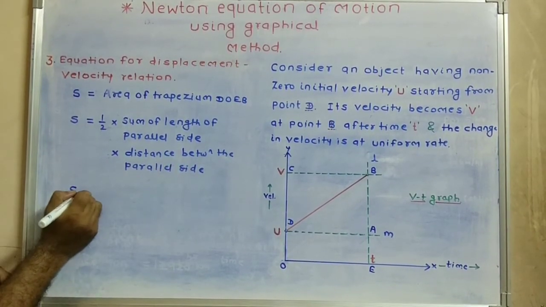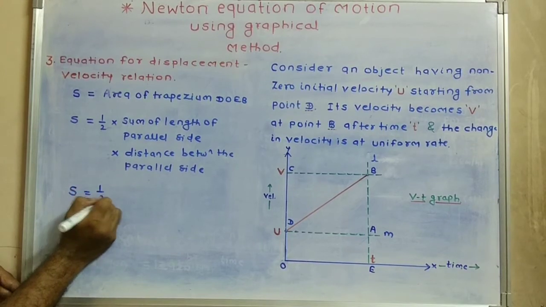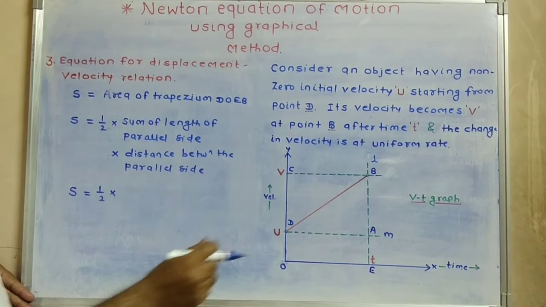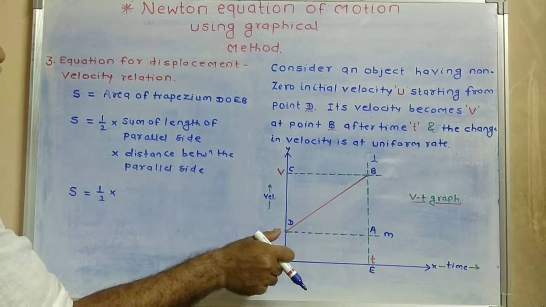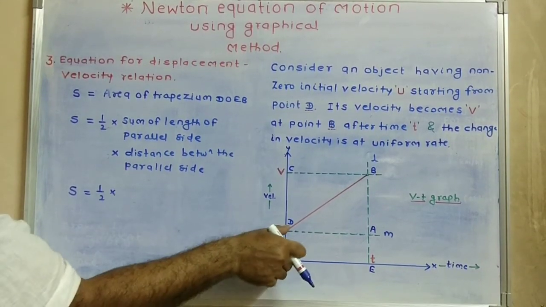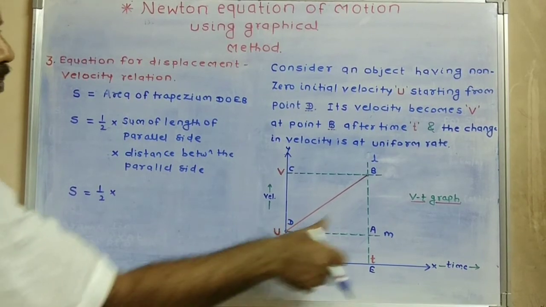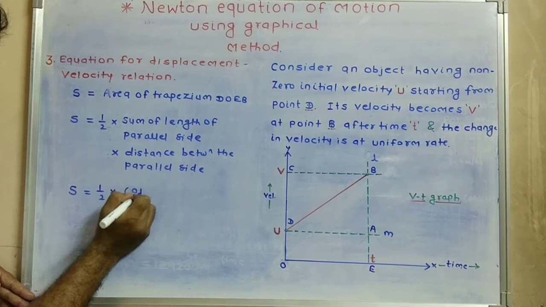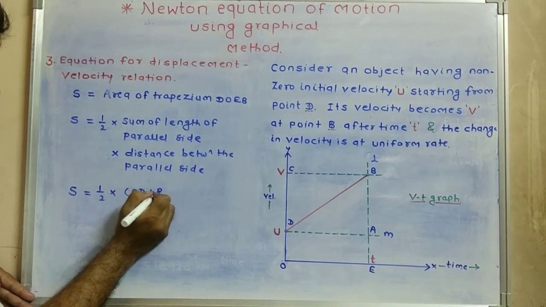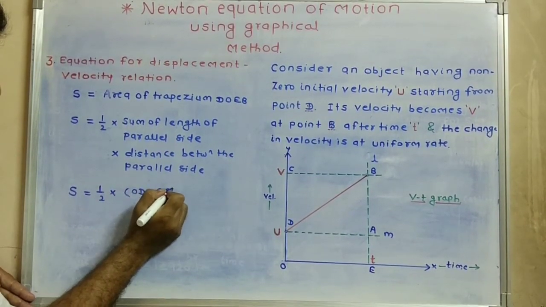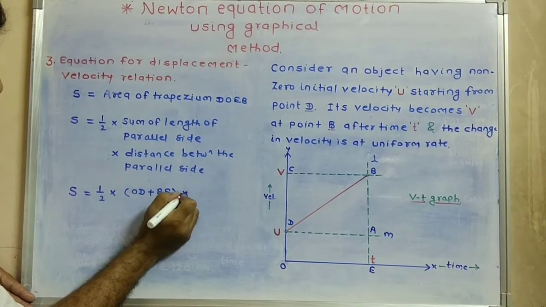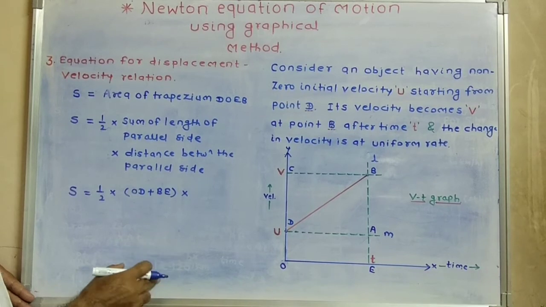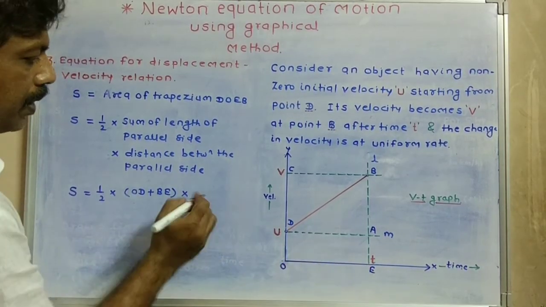Therefore, S will be equal to half multiplied by the sum of the lengths of the parallel sides. Which are those parallel sides? This is OD plus BE, multiplied by the distance between the parallel sides, which is OE.